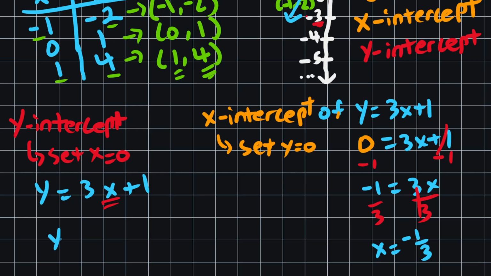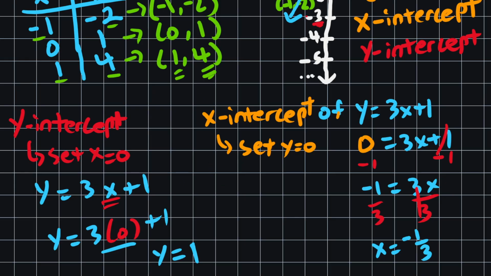So y equals 3 times 0 plus 1. What is 3 times 0? That is 0. So we're just left with y equals 1.